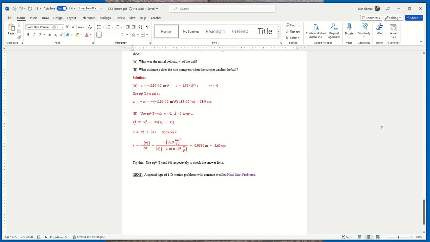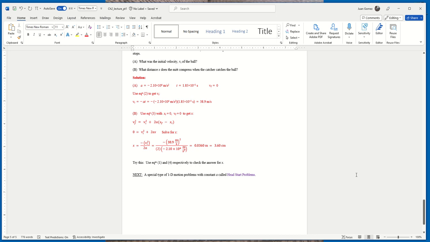So, again, xi is 0, VF is 0. Here's equation 3, the general equation. VF is 0, x initial is 0, so our distance is just x final, i.e. just x. So you get 0 equals vi squared plus 2ax.